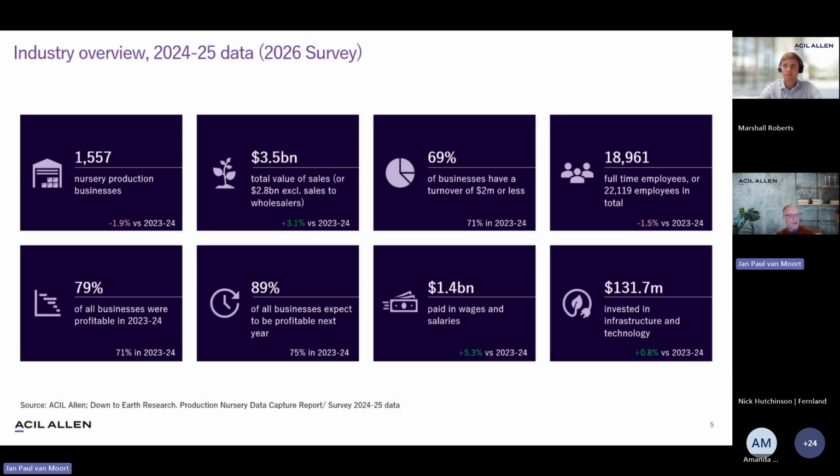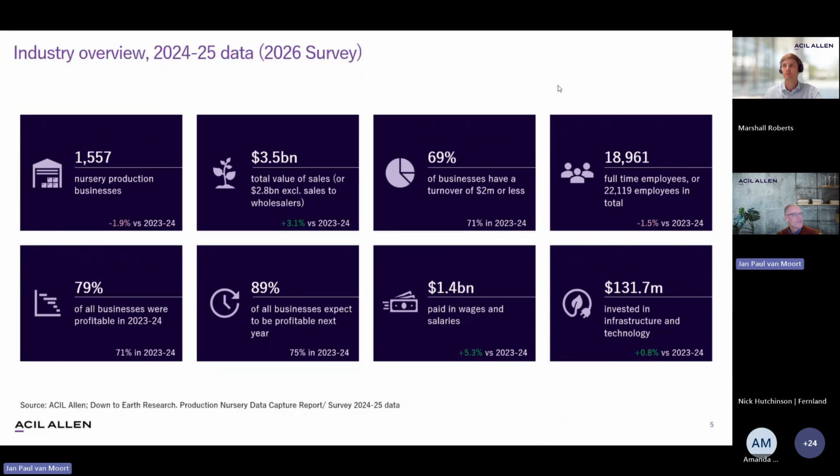Employing a lot of people, the wages bill was about $1.4 billion, which is an increase reflecting those increased costs there. And we've seen a modest and also an increasing investment in technology and infrastructure across the sector.